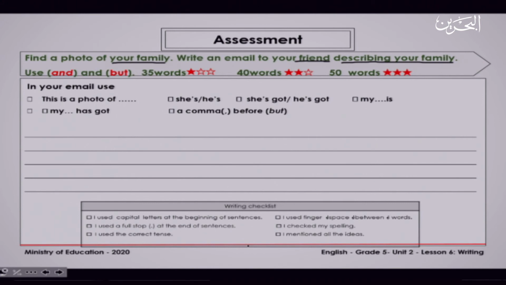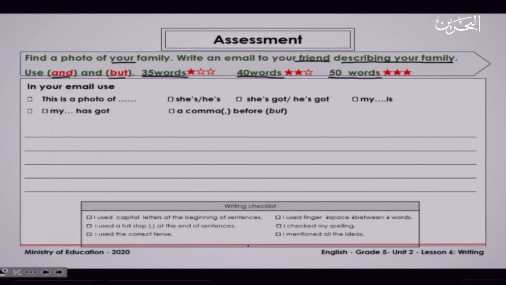And of course, you have to use the words and, but. If you write 35 words, you earn 1 star. If you write 40 words, you earn 2 stars. And if you write 50 words, you earn 3 stars. Can you do it?